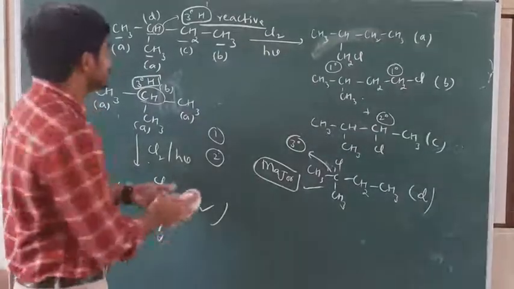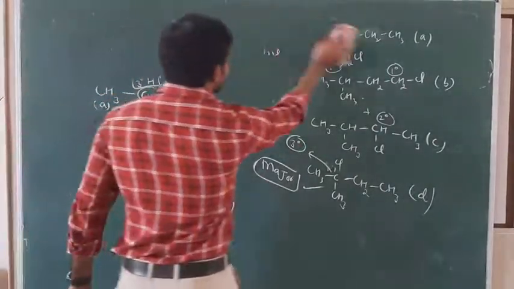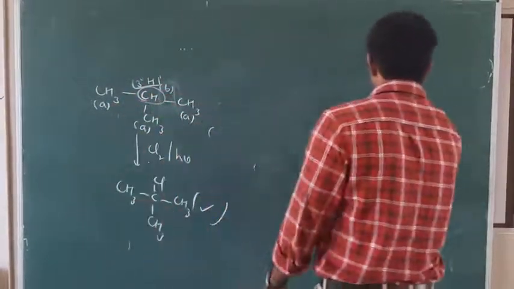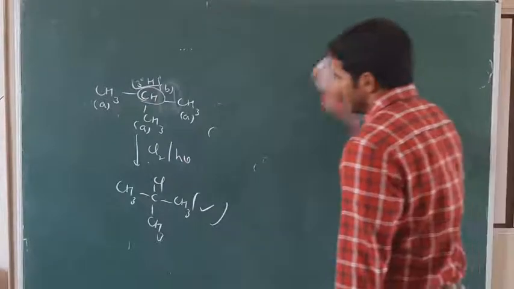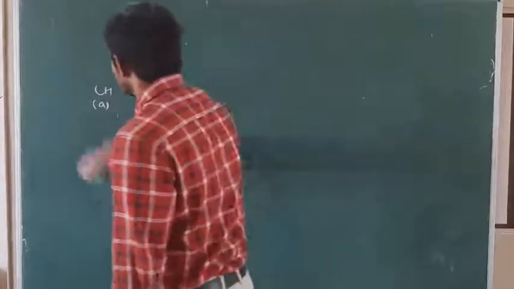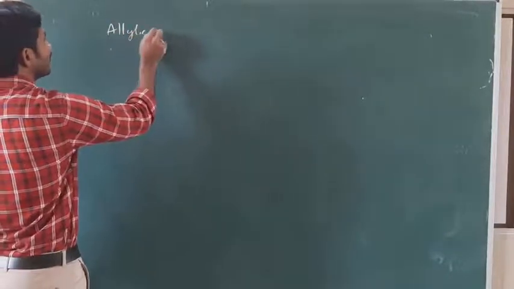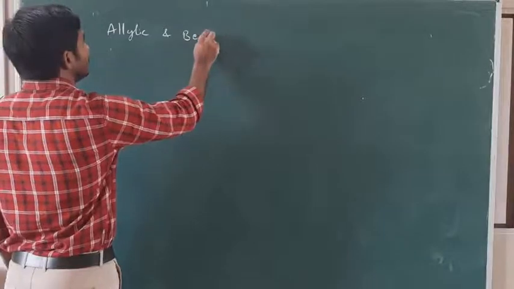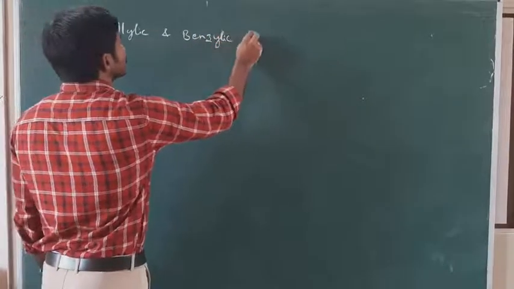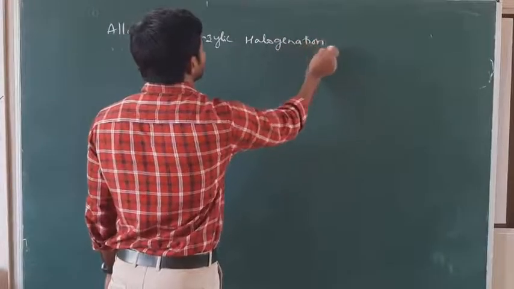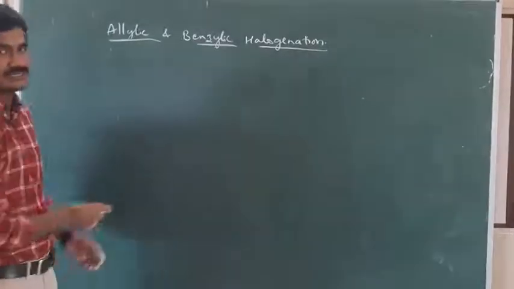And next one is another important halogenation, free radical halogenation, that is allylic and benzylic halogenation.